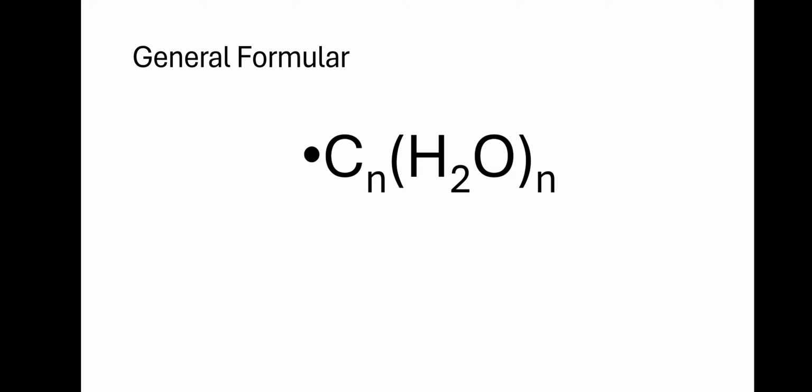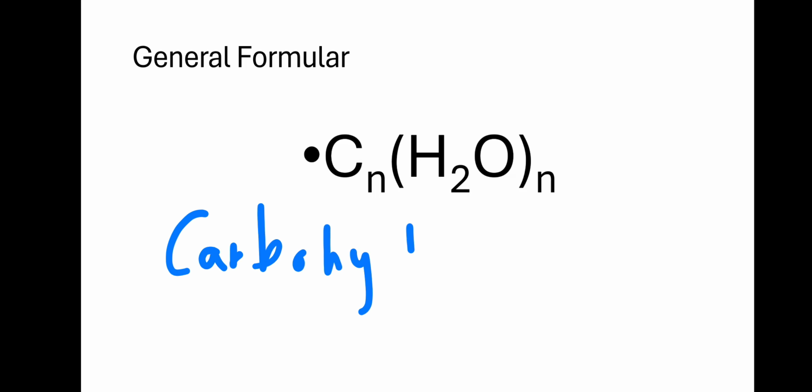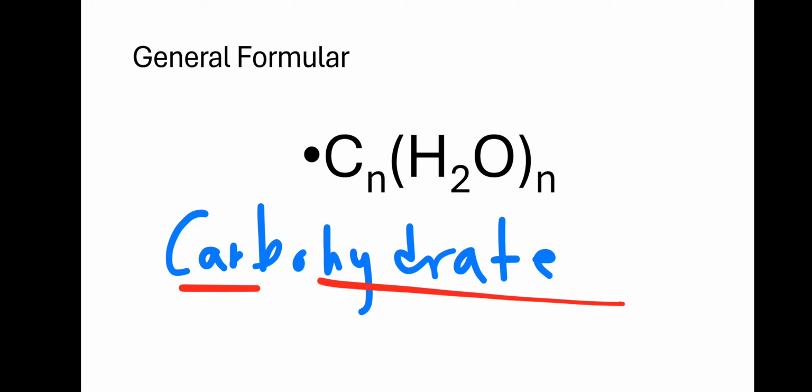Because basically, if you were to break the word carbohydrate down, this would just be a hydrated carbon. So the hydrated part is the H2O part, and then the carbon part is the carbon part outside. So the general formula is going to be split in that same rationale.